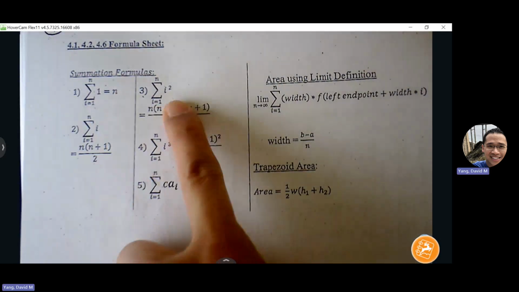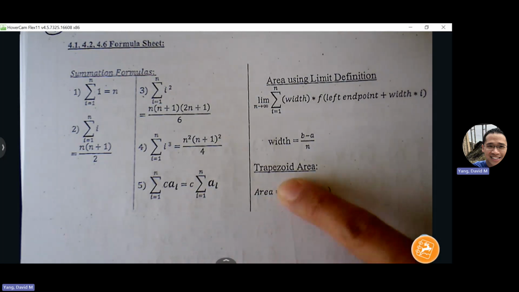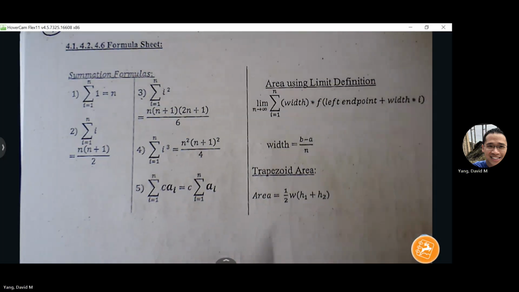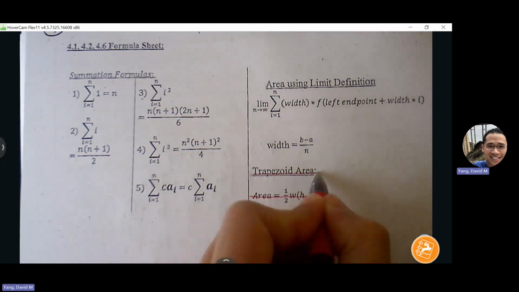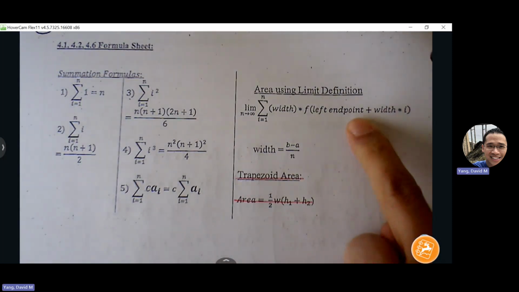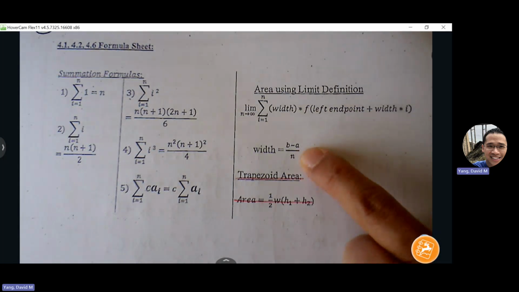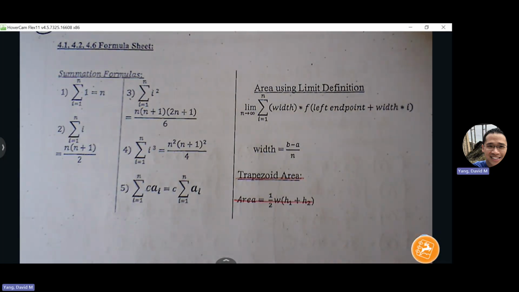It'll have all the summation formulas. Sorry, I'm not going to give you the trapezoid area, so you're going to have to memorize that, but I'll give you the area definition and the width formula. Right now I'm just going to put it on the board as we walk through our problem.